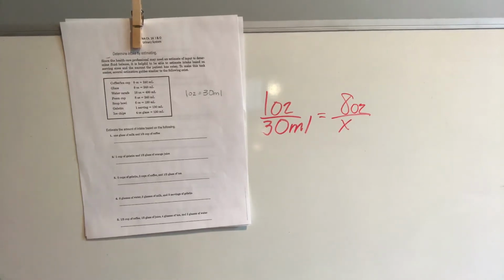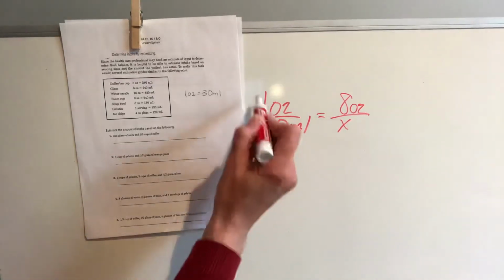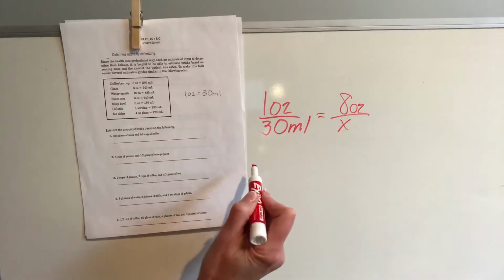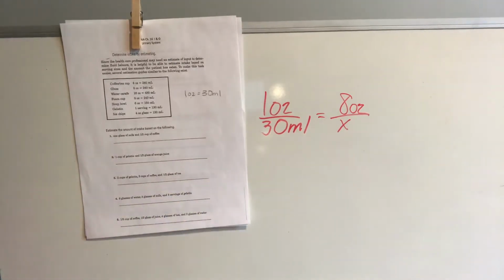Let's go over how to do this because it's probably been a little while since you've had to do this in school. We're going to cross multiply. I always start with the X side first.